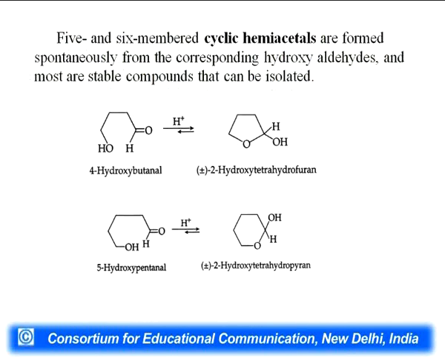5- and 6-membered cyclic acetals are formed spontaneously from the corresponding hydroxyaldehydes, and most are stable compounds that can be isolated. You can see in the reaction that 4-hydroxybutanal will give you 2-hydroxytetrahydrofuran, and 5-hydroxypentanal will give you 2-hydroxytetrahydropyran.